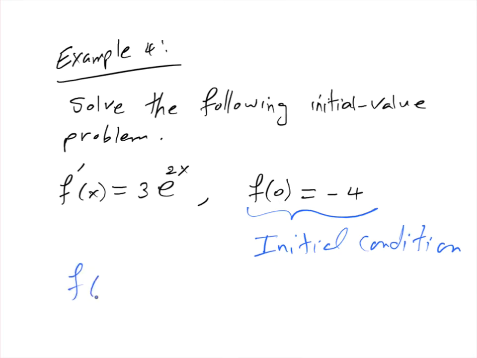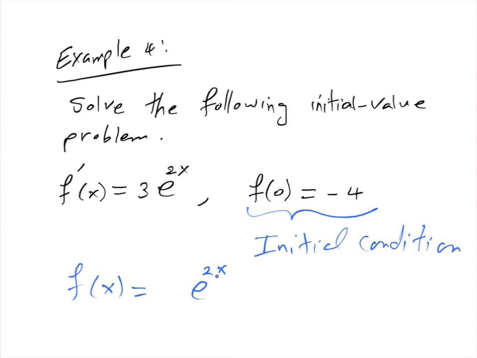Anyways, what is f of x here? Again, we're looking for a function whose derivative is 3 times e to the 2x. We know something about e to the x. Derivative of e to the x is e to the x. What is derivative of e to the 2x?